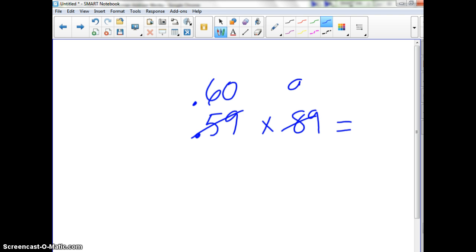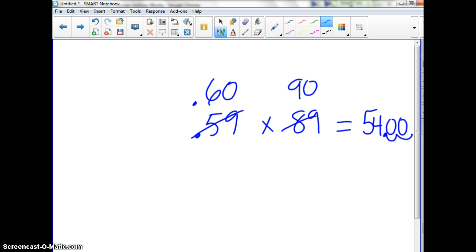90. Good work. So now, ignoring our zeros and our decimals, what's 9 times 6? 54. Now we can put those 2 zeros in, but how many spots do we have to move our decimal from the end, Darius? This moved 2 spots, so my answer has to move 2 spots. 1, 2.